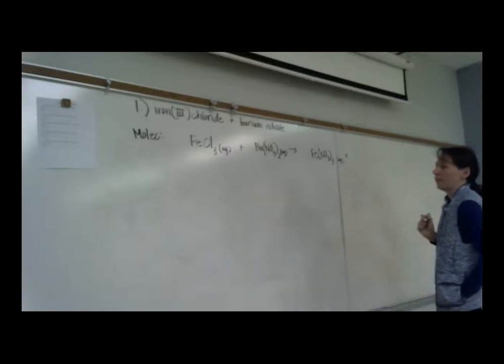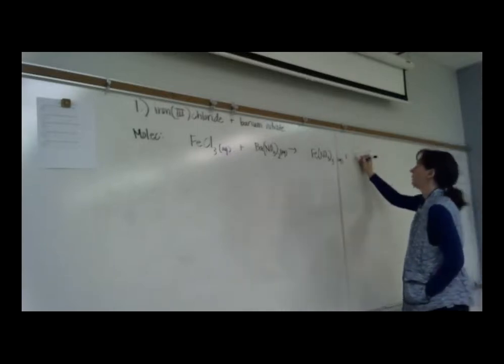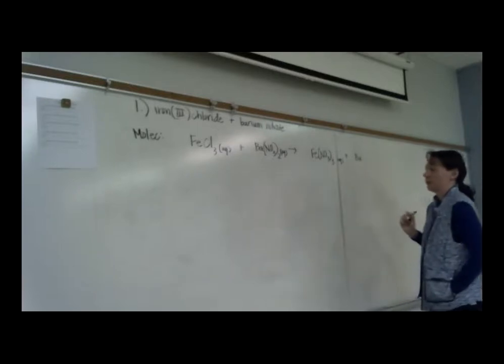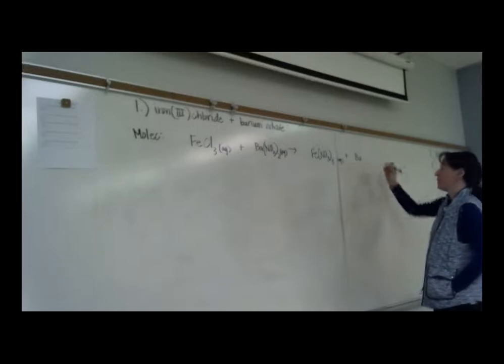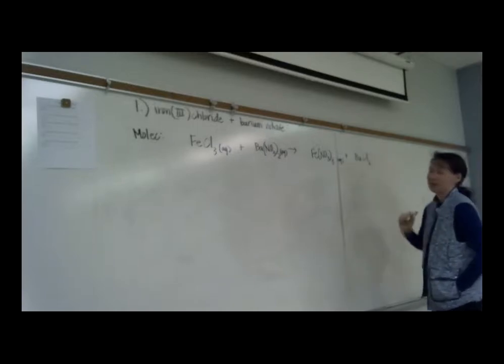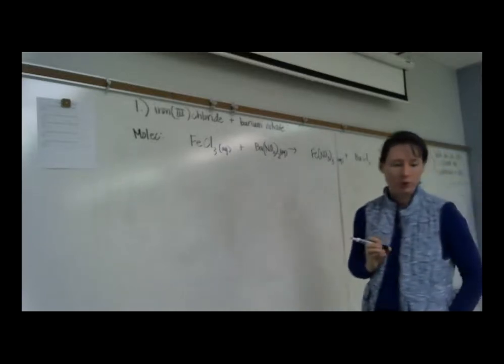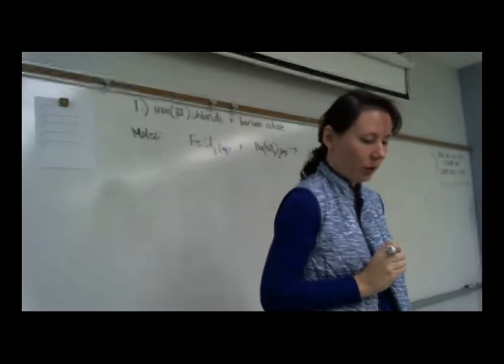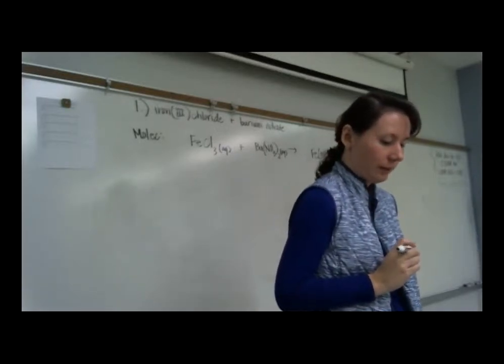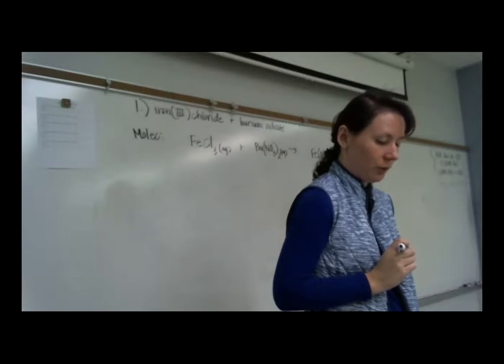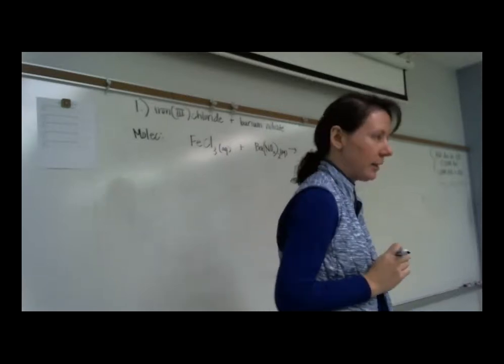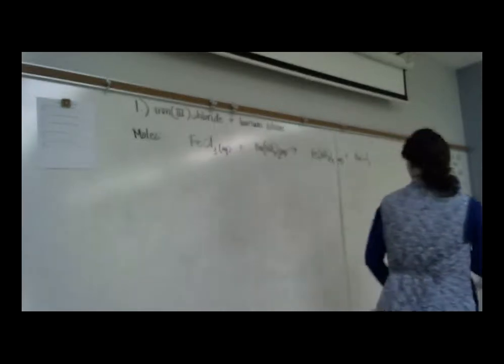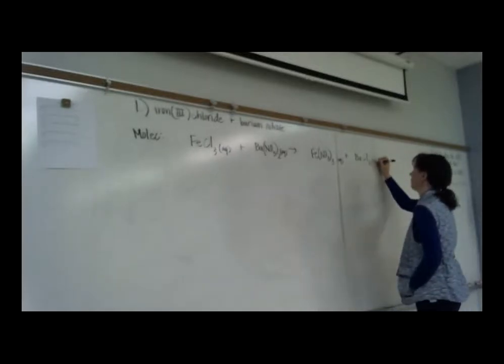Plus barium, what? What's barium getting together with? BaCl2, right? What's this one? Looking at your chlorides. All chlorides are soluble except Ag+, Hg2 2+, Pb2+. So that one's soluble as well, so it gets aq.